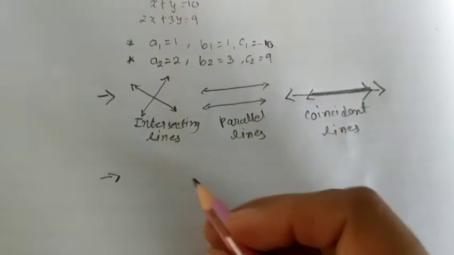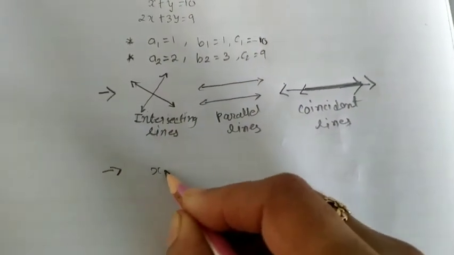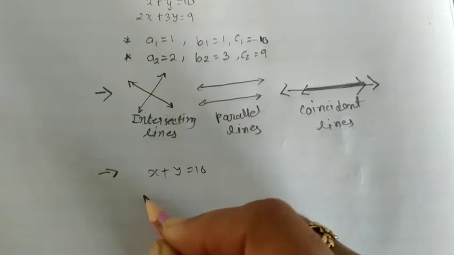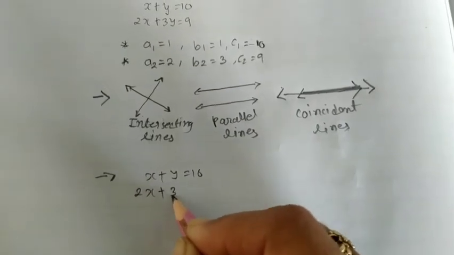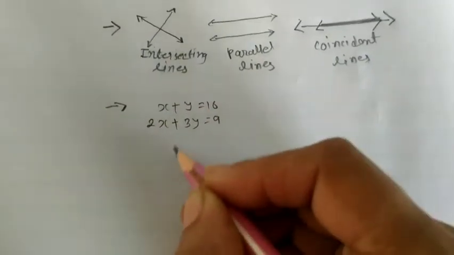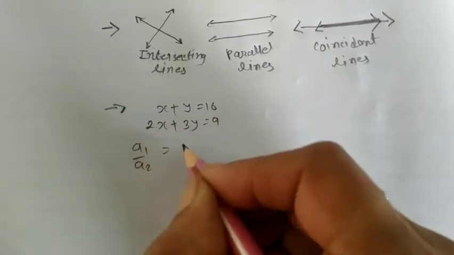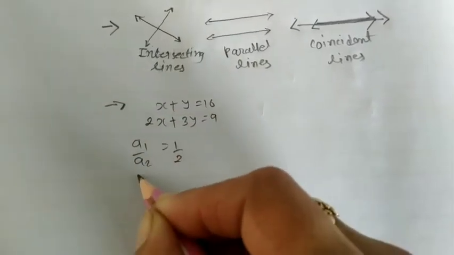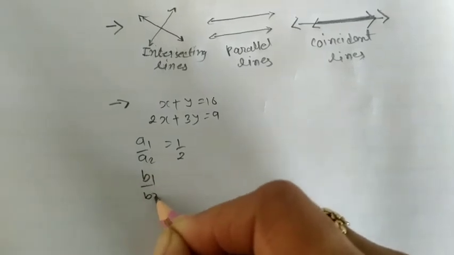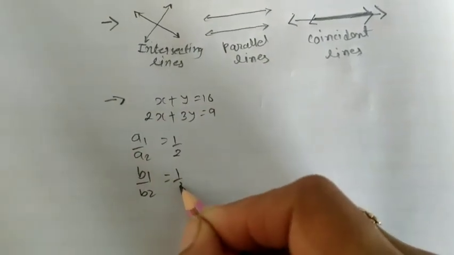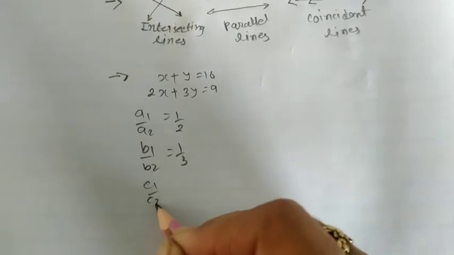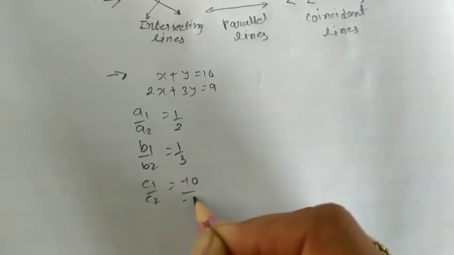For x plus y equals 10 and this other line, a1 upon a2 is 1 upon 2, b1 upon b2 is 1 upon 3, and c1 upon c2 is minus 10 upon minus 9.